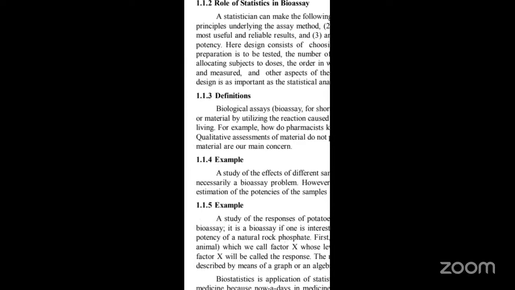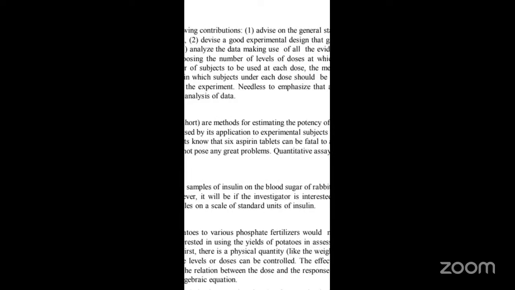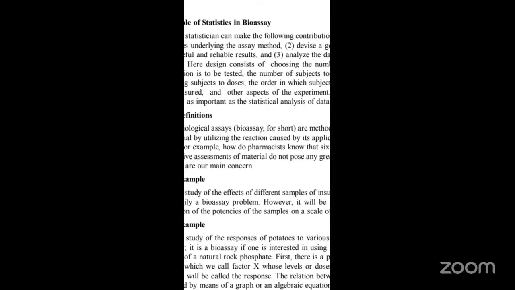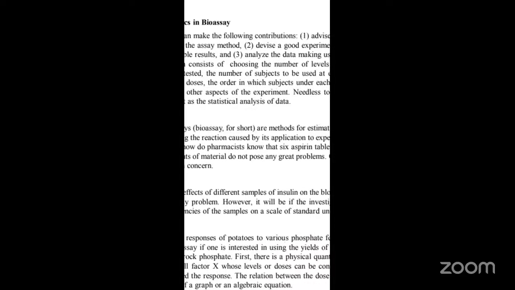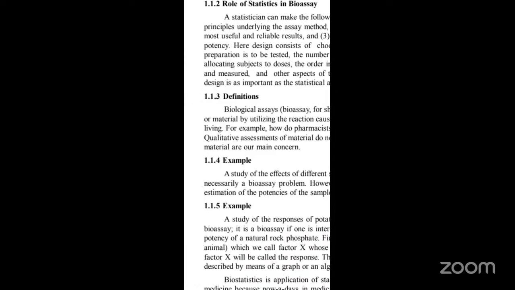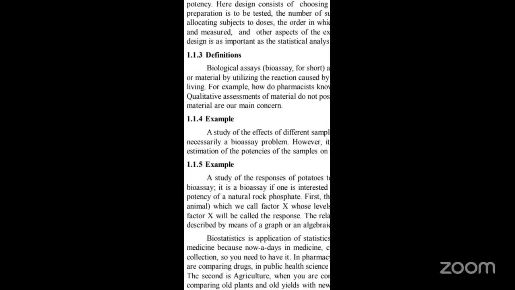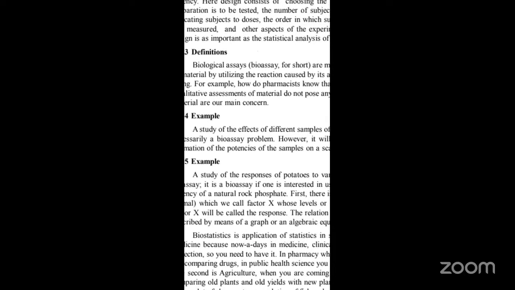Here, design consists of choosing the number of levels of doses at which each preparation is to be tested, the number of subjects to be used for each dose, the method of allocating subjects to doses, the order in which subjects under each dose should be treated and measured, and other aspects of the experiment. Needless to emphasize, sound design is as important as the statistical analysis of data.